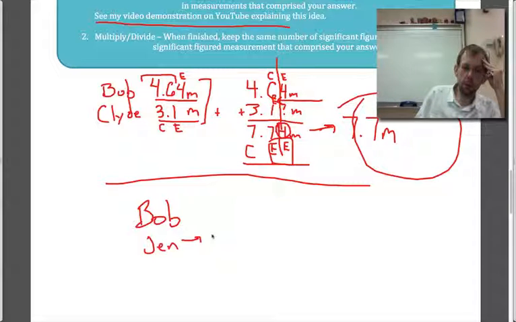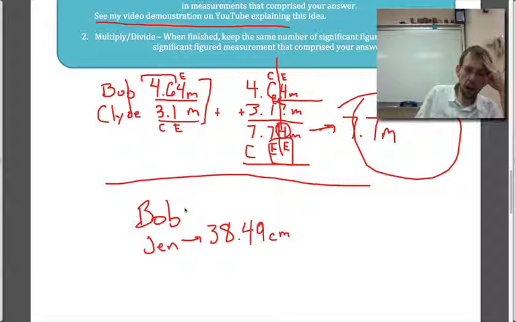So Jen and Bob got together and want to do this, and they're trying to calculate the surface area of this table. So Jen measures out, she brings her ruler that day, and she realizes that the width of this table is 38.49 centimeters.